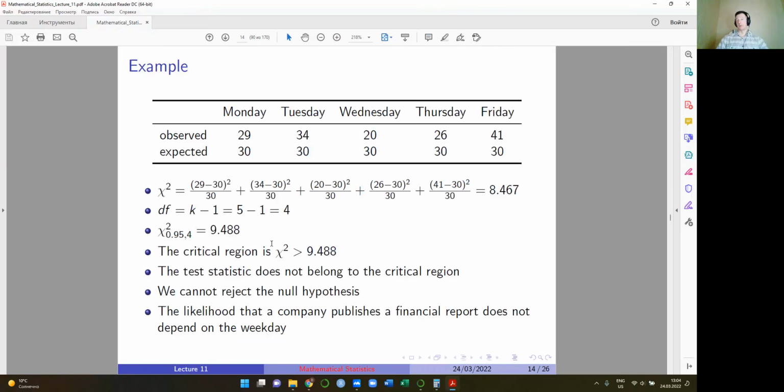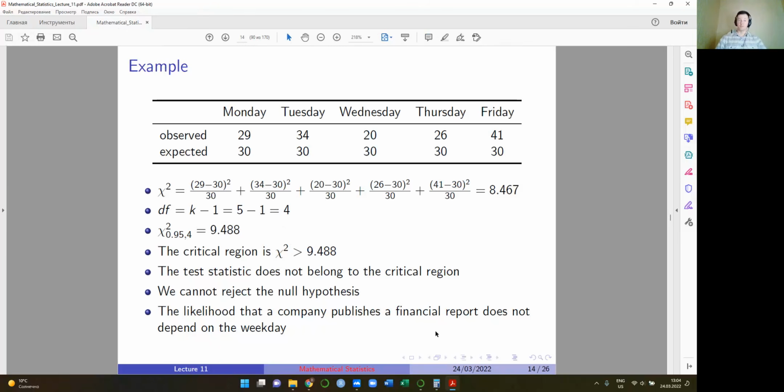Well, we are able to calculate the p-value as well, and based on the p-value, it's probably going to be close to 5%, so maybe at the 10% level of significance we would be able to reject the null hypothesis, but at least at this 5% level of significance we are not able to do this.